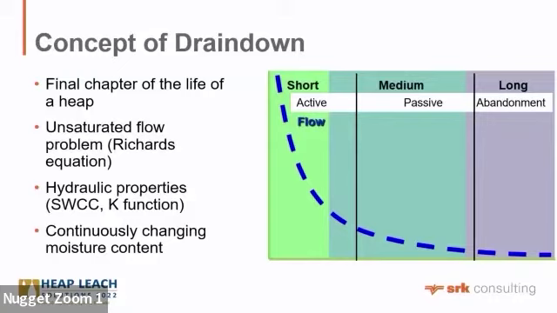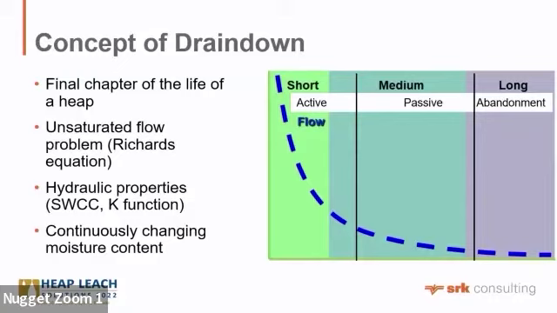I guess it is clear from many presentations that we had earlier today that the heap leach is an unsaturated flow problem. We use Richards equation to solve that. And typically, we need to know the hydraulic properties of the materials to be able to solve the Richards equation and then further to predict the parameters that we're interested in.